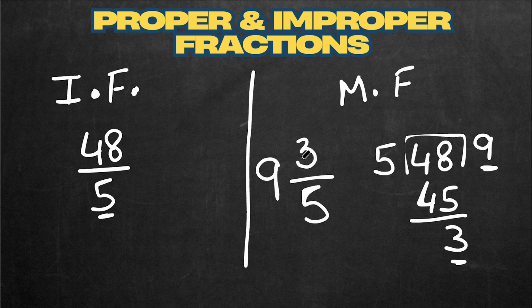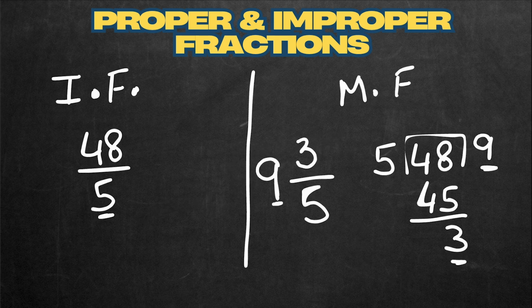Okay? So now remember, the denominator remains the denominator. The number that is the quotient, or the number which we will multiply the denominator with, becomes the main number, and the number that is left as a remainder comes here.